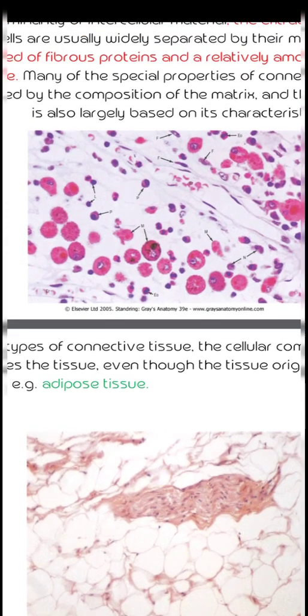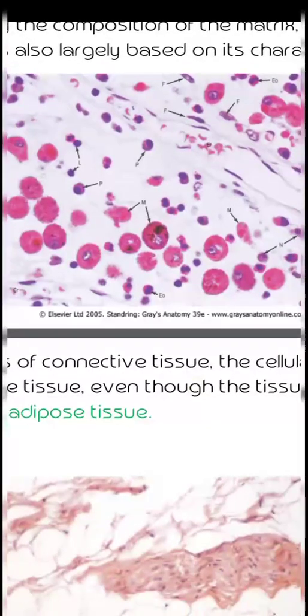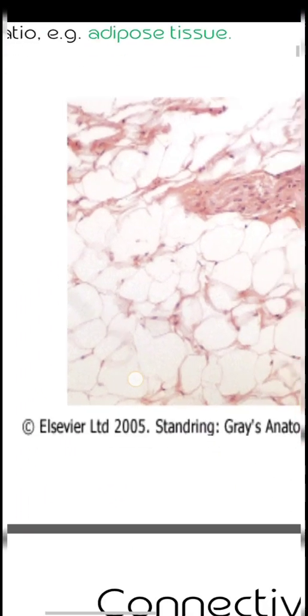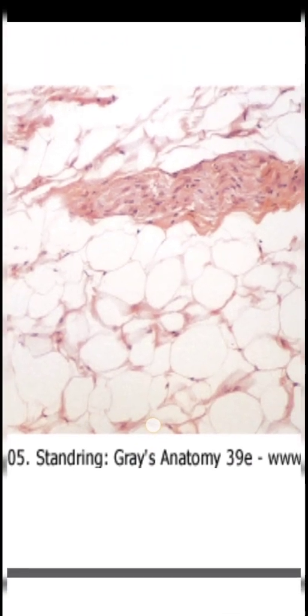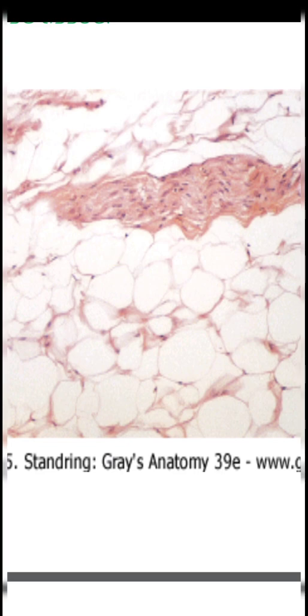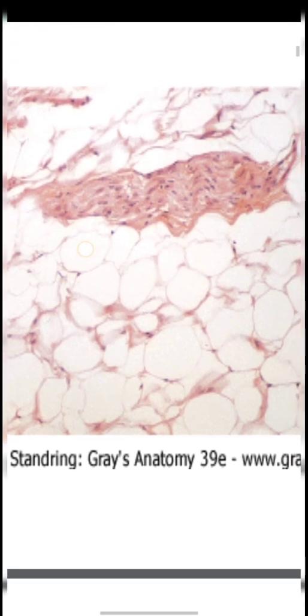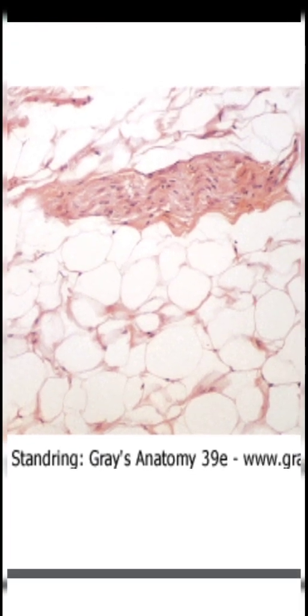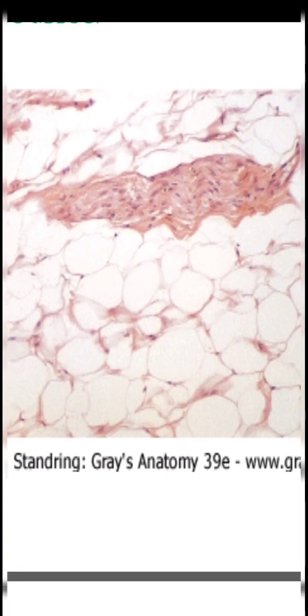As you can see here, extracellular matrix predominates, whereas the intracellular substance is lower. Whereas in this adipose tissue, you can see the lining, which is the cell membrane, and inside the cell membrane the cell is clear because it contains adipose fat. It looks like transparent structures on a microscope.